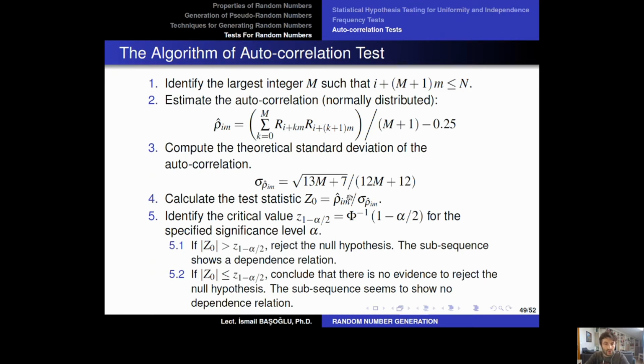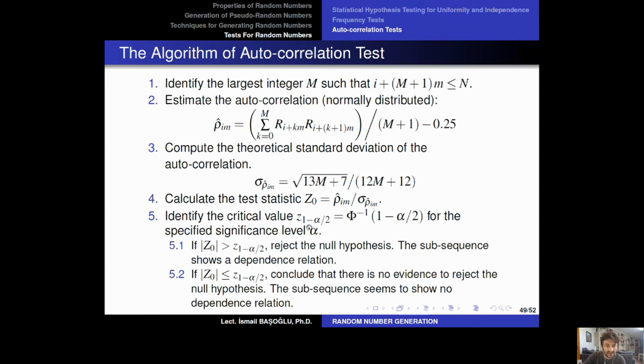Then we are going to divide the statistical estimate for the autocorrelation by the standard deviation, and that is going to be our test statistic Z0. Now, if this Z0 is greater than the critical Z value that we identify from the cumulative distribution of the standard normal table, then we will say that there is enough evidence of dependence. The subsequence shows a dependence relation. Therefore, we reject the null hypothesis.